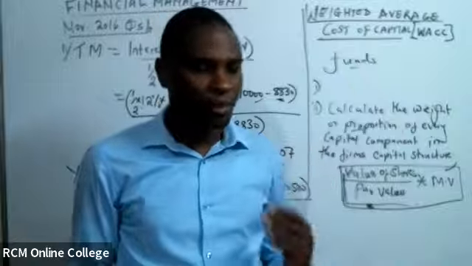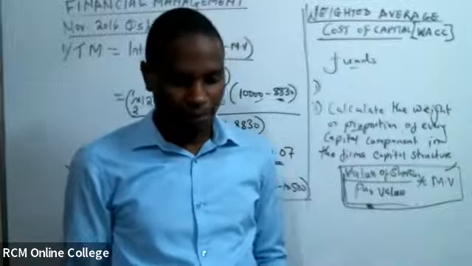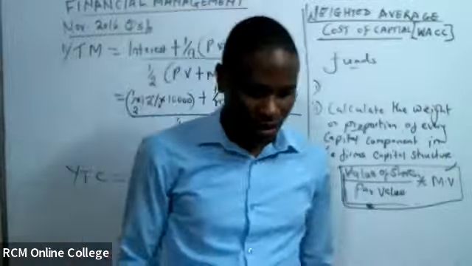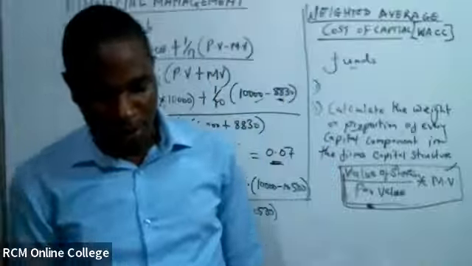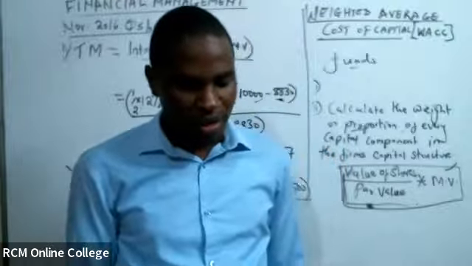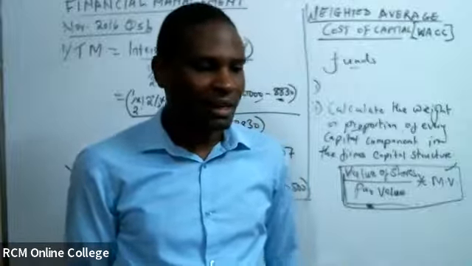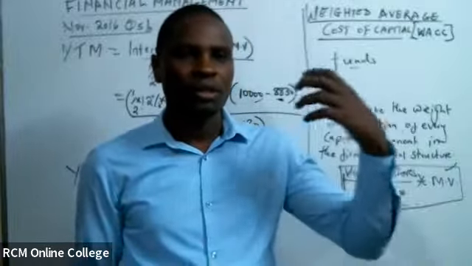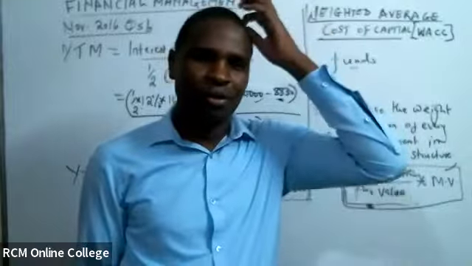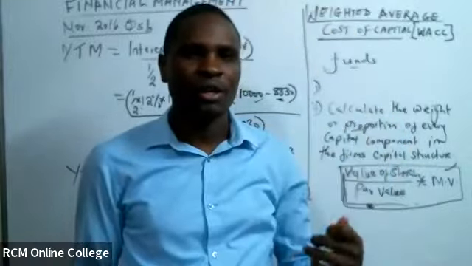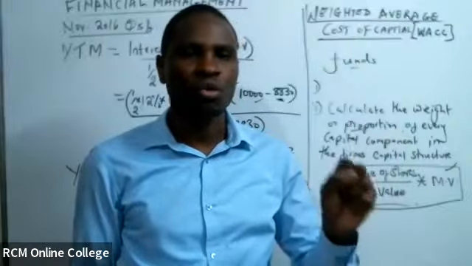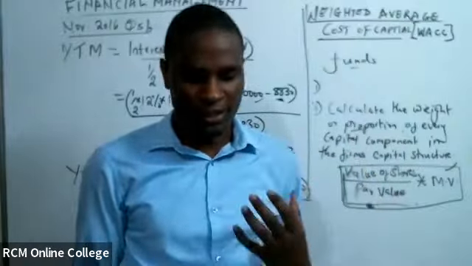Step number 3, class, say that you multiply the component cost with their respective weights to get the WCC. Now, we got the component cost and we have now gotten the weight. So you take the two, you multiply to get WCC.